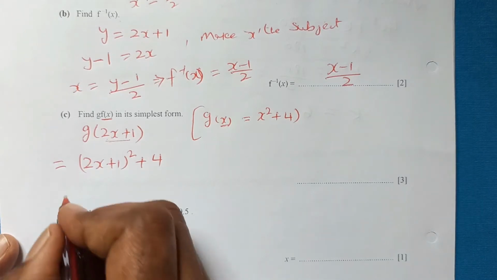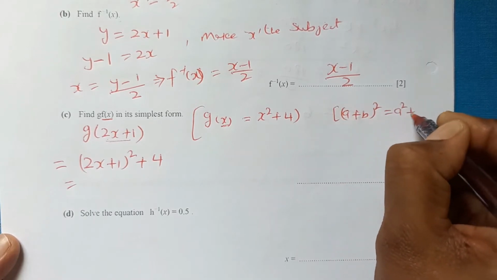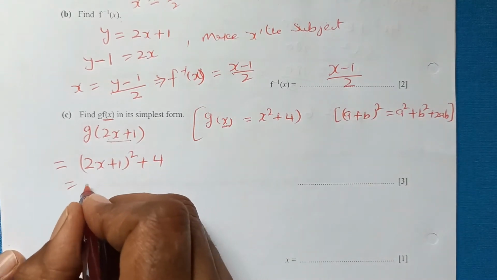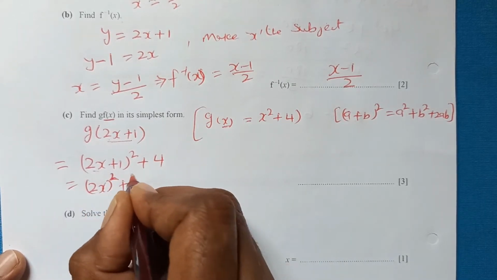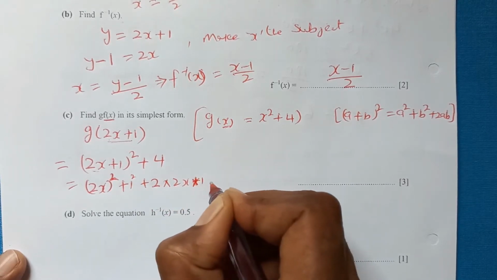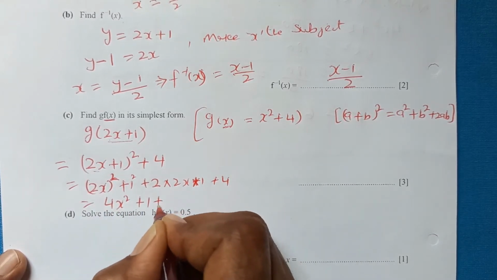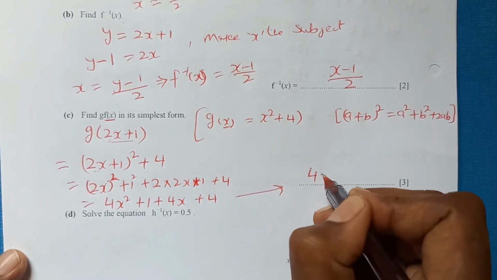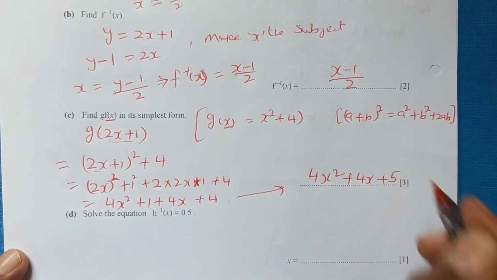Open the brackets by using the formula (a plus b) squared equals a squared plus b squared plus 2ab. So a is 2x here: (2x) squared plus 1 squared plus 2 times 2x times 1, plus 4. So this is 4x squared plus 1 plus 4x plus 4. When you simplify, this becomes 4x squared plus 4x plus 5.